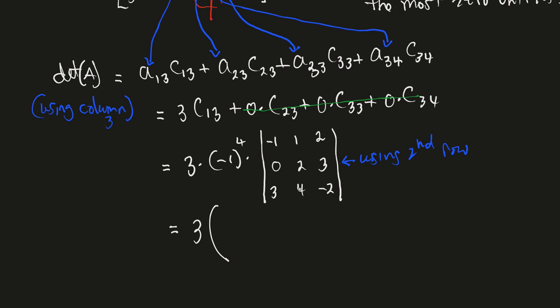Now to evaluate this determinant, we repeat the process. So let me write down the expression for the second row expansion here. It's going to be A21 C21 plus A22 C22 plus A23 C23, right? And all of that is going to be multiplied by 3.